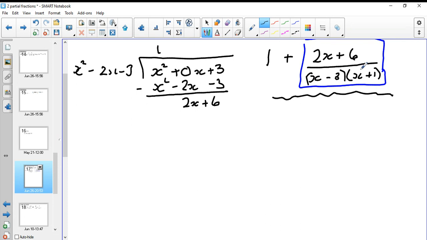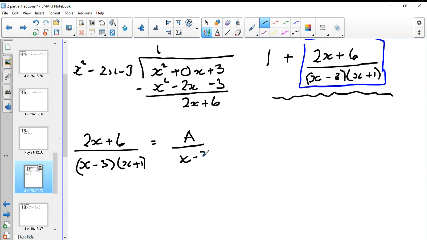We've got 2 different linear factors. So 2x plus 6 over x minus 3, x plus 1. We need an A over x minus 3, and we need a B over x plus 1.